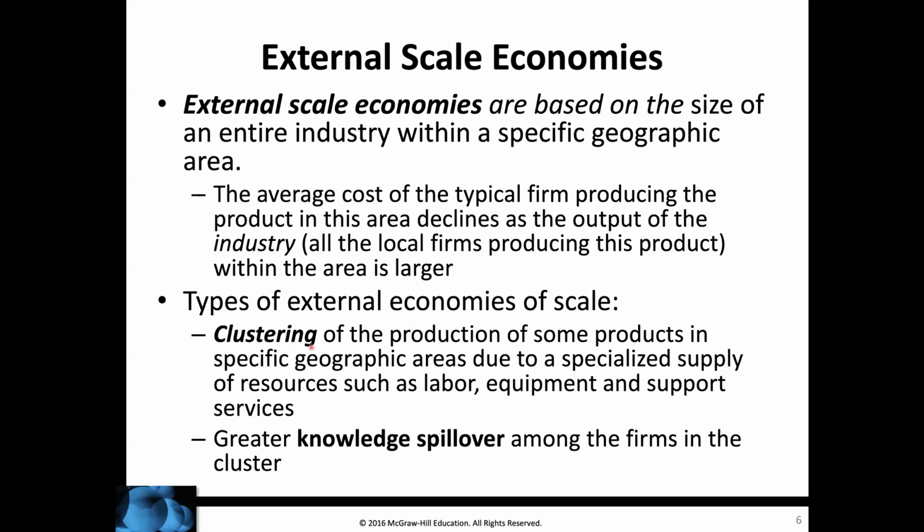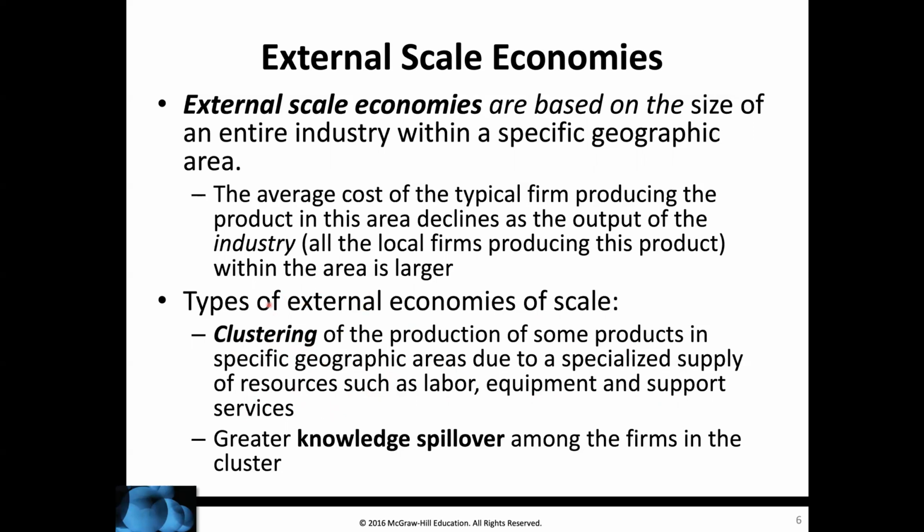So here are some types of external economies of scale. We've got clustering of the production of some products in specific geographic areas due to a specialized supply of resources such as labor, equipment, and support services. You look at the glory days of Detroit, a lot of cars were being manufactured there, not just by, say, Ford, but other car manufacturers.